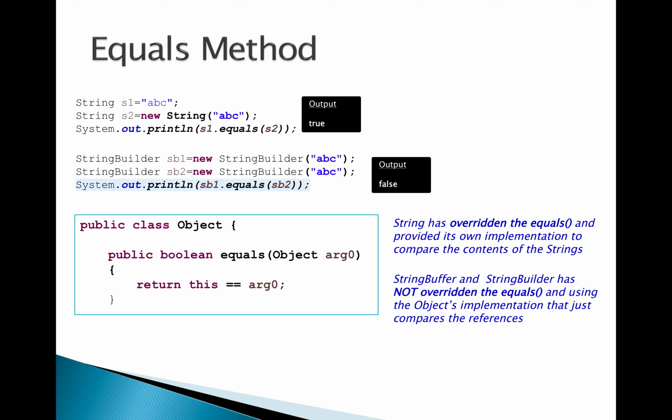If string buffer had overridden the equals method and provided the implementation, we would not have this problem, and sb1.equals(sb2) would be true. But string buffer unfortunately did not override the equals method, so you are going to get false, because it is using the Object's equals method, which is just doing the reference comparison.